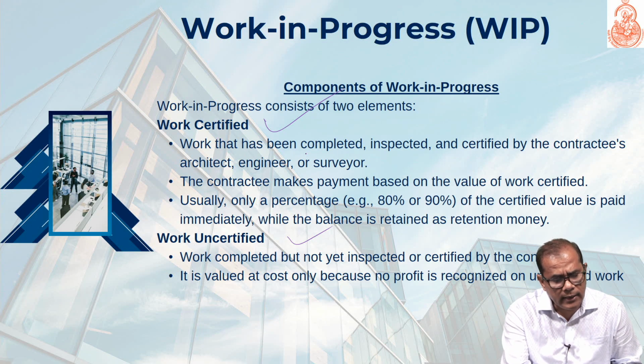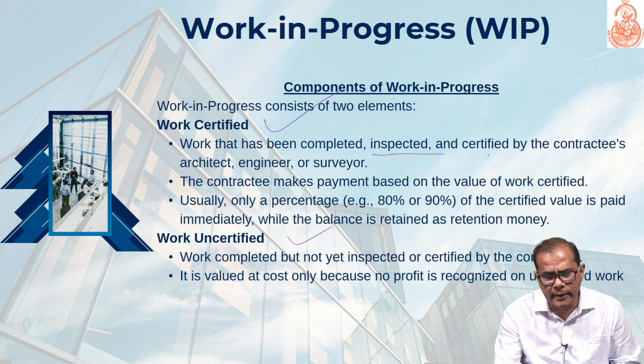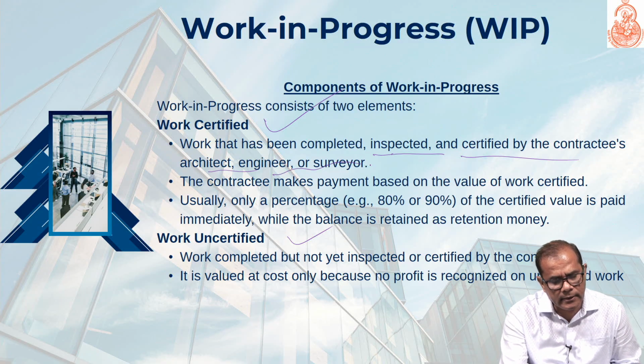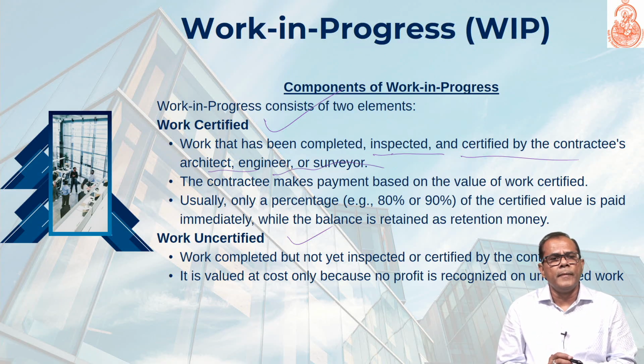So, here work that has been completed, inspected and certified by the contractee's architect, engineer or supervisor, because it must be a person nominated by the contractee. The contractee is always going to claim; if that particular person were appointed by the contractor, then there would be no meaning to it.